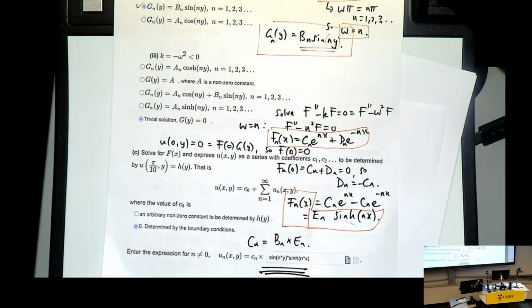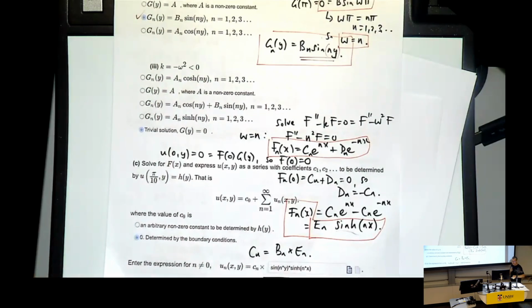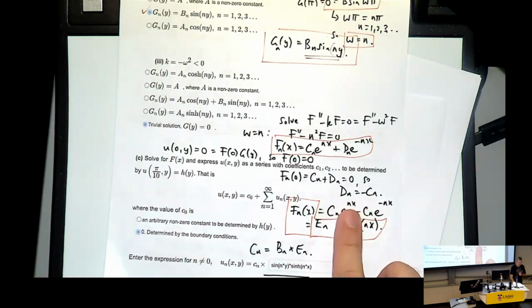Thank you. Okay, so that's where this format comes from, and that's why the sinh is there. Now, why did I change it? Why didn't I just leave these as exponentials?